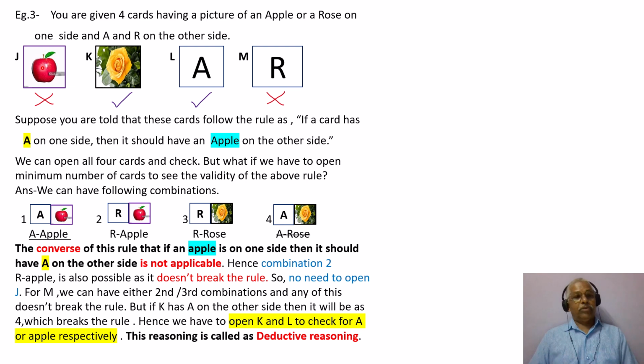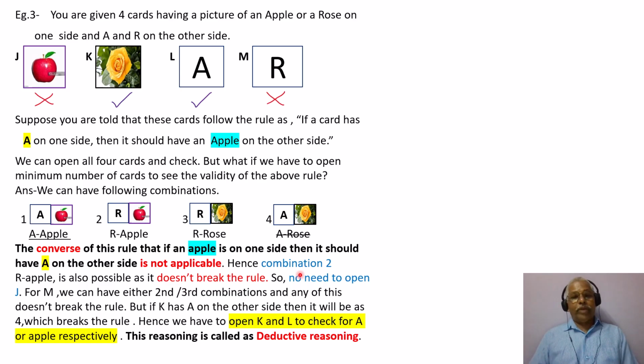Okay, can have anything. Here, this can have A on that side or R on that side. Anything on that side doesn't break the rule, because rule is if card has A on one side. Okay, rule is only for A, not for apple. Okay, remember that.